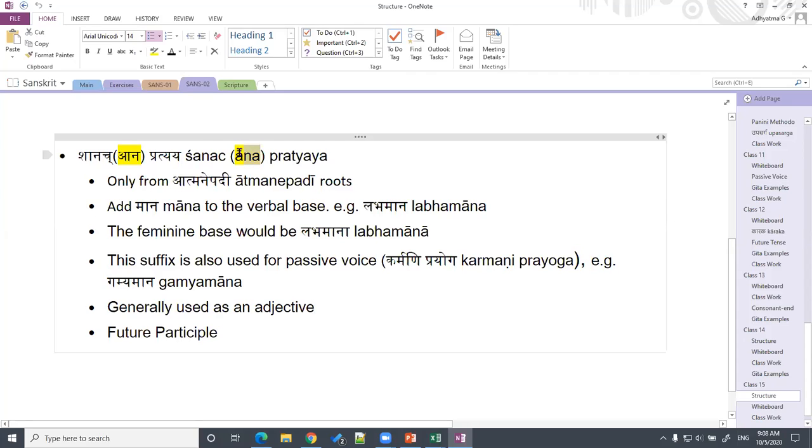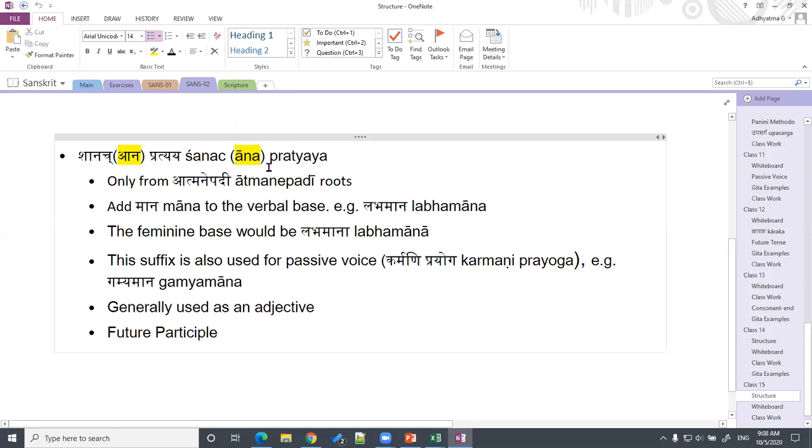Out of Shanach, only Ana remains. So the actual suffix is Ana only, but Panini defines it by putting some other letters and makes it Shanach. There is a use of those extra letters, which is studied when you study Panini grammar in origin.